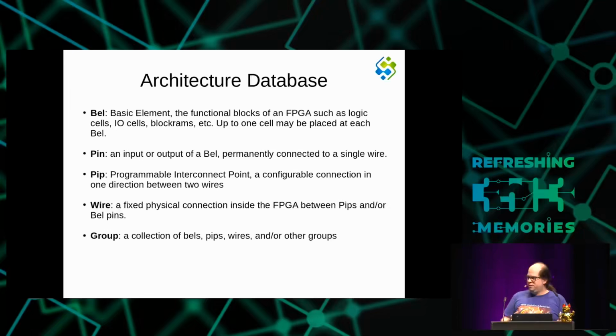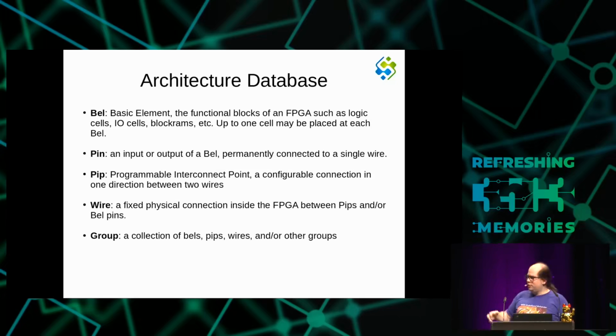There we have bells, short for basic elements, and these are the actual things that physically exist in your FPGA. So the placement part of place and route essentially is finding an assignment for each cell in your design to a bell in your chip.